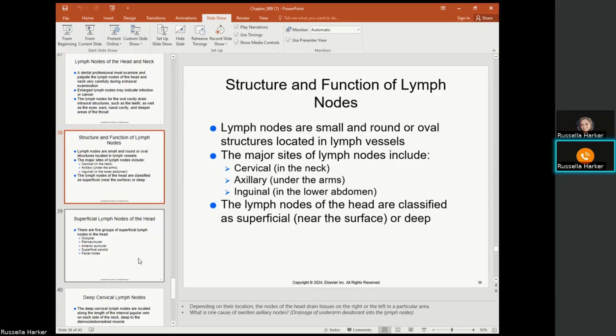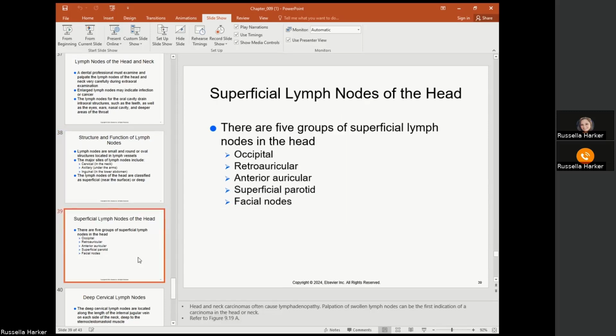The lymph nodes of the head are classified as superficial, which is near the surface and easily palpated, or deep, which is very deep inside the body and not easily palpated. Superficial lymph nodes of the head are in 5 groups: the occipital, retroauricular, anterior auricular, superficial parotid, and facial nodes.